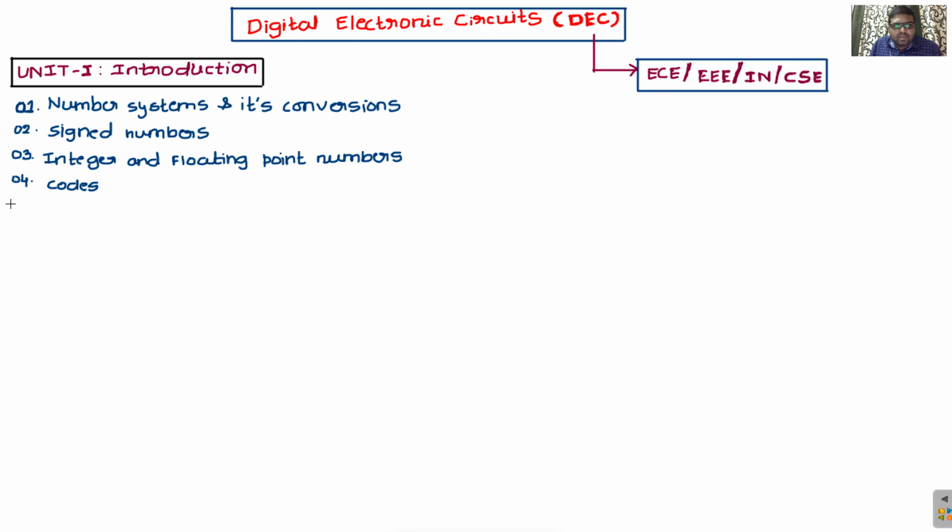And next, the fifth topic, Boolean algebra.